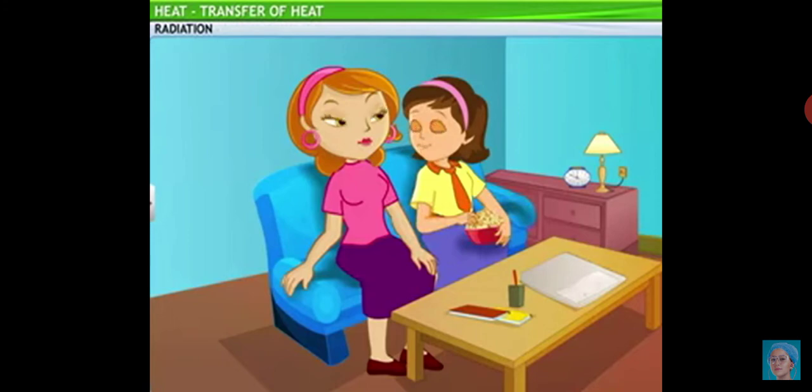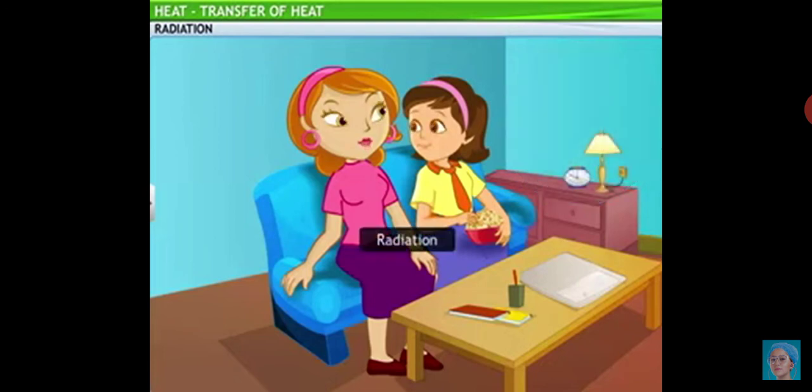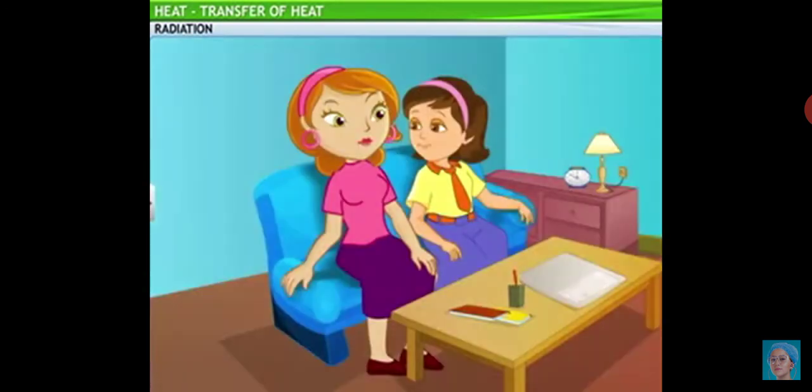Mom, what was the third type of transfer of heat that you mentioned? Radiation, right? Right. You remember how the milk, when kept away from the flame on the table, gradually cooled down? That happened because it transferred its heat to its surroundings by radiation as well as convection. What exactly is radiation, Mom?